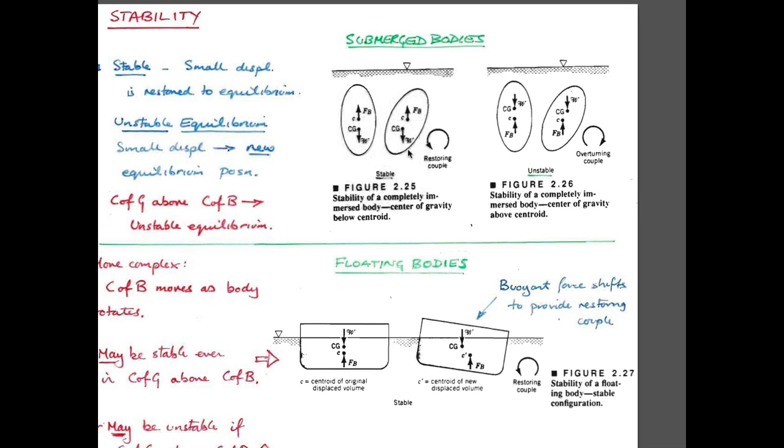So both of these bodies are completely submerged, and therefore the buoyant force which is acting is always the same magnitude. It's not going to change in magnitude, but also act at the same place. So the center of pressure, the center of buoyancy for this particular structure is always going to be the centroid of the volume. And it's always going to be in the same place because the shape of this volume doesn't change.